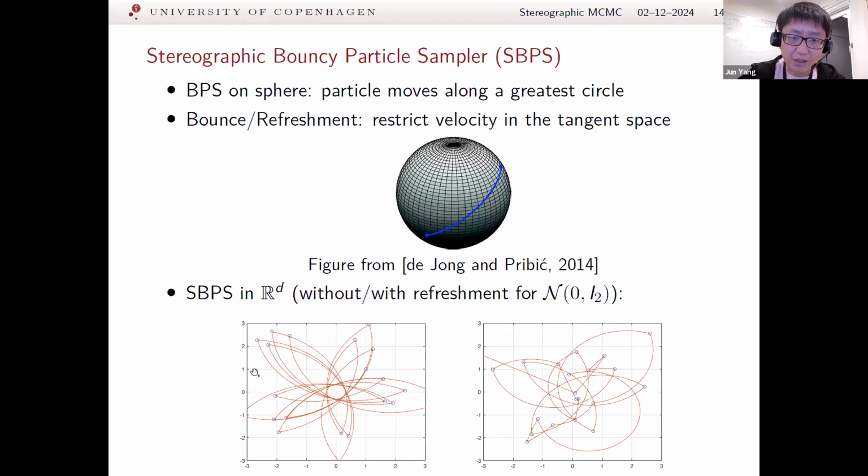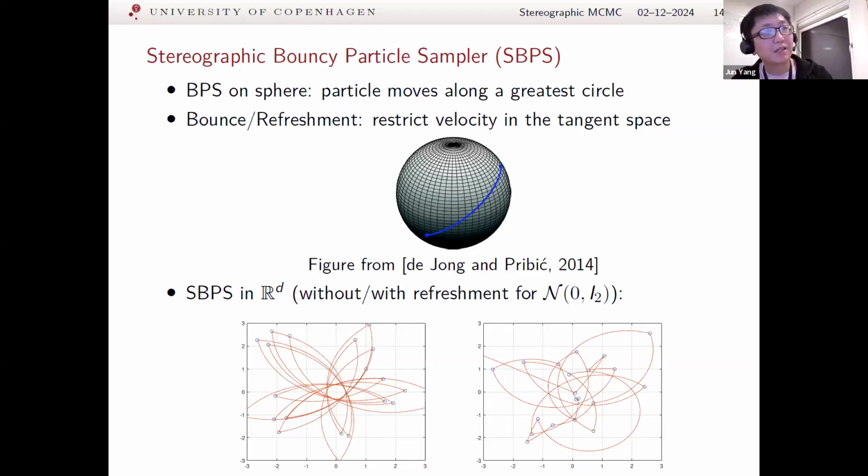On the left-hand side is SBPS simulated without refreshment for a 2-dimensional Gaussian target. You can see some observations. First of all, this SBPS is still a piecewise deterministic Markov process, because each piece becomes an arc. However, this SBPS in the Euclidean space does not have unit speed, because we simulate this BPS on the sphere with unit speed.